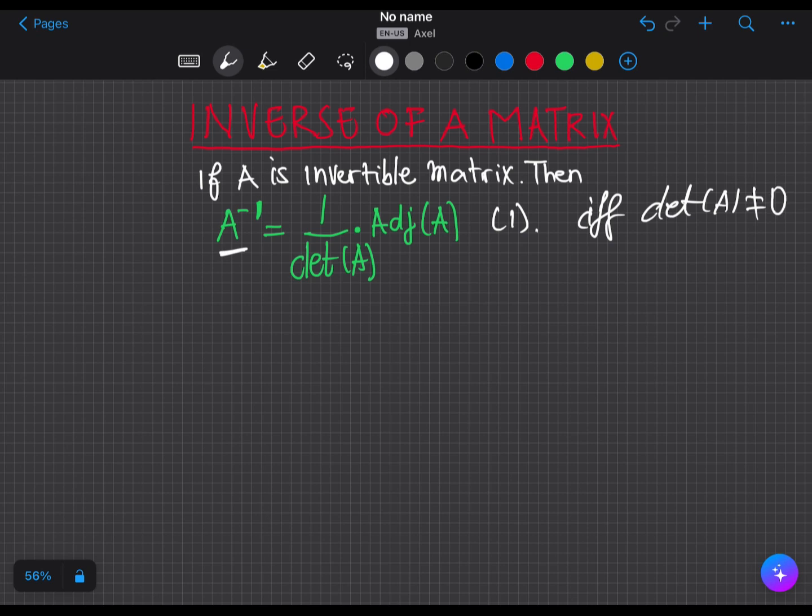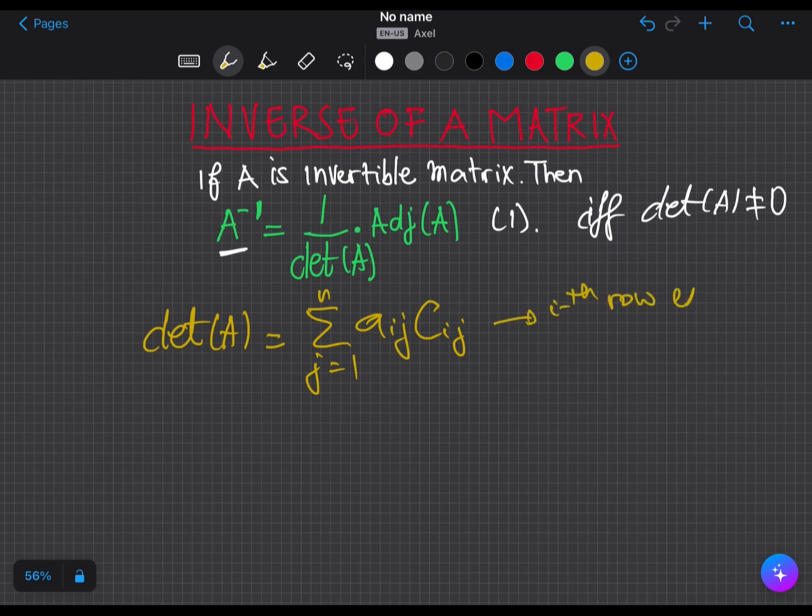Now, can you remember how we define the determinant of a matrix? Let's have a look. We said previously that the determinant of a matrix equals the sum, when j goes from 1 to n, of a_ij times c_ij, where a_ij are the elements of matrix A and c_ij are the elements of the cofactor of matrix A. So this expression is done by the ith row expansion of A, right?